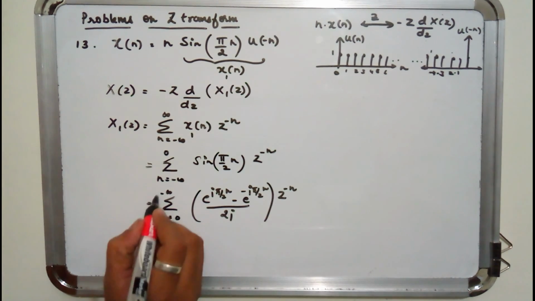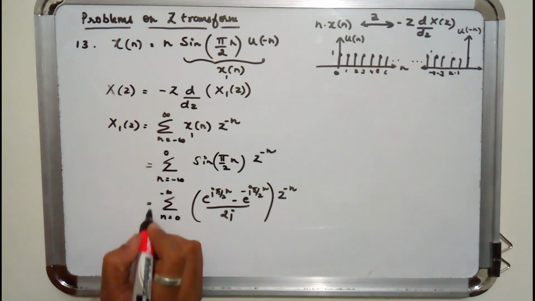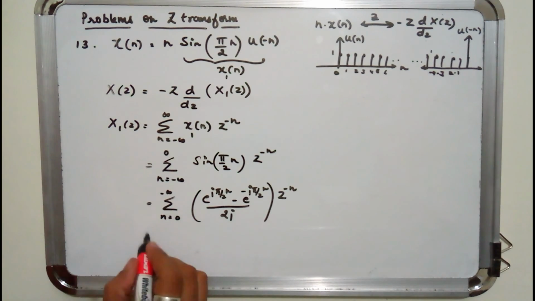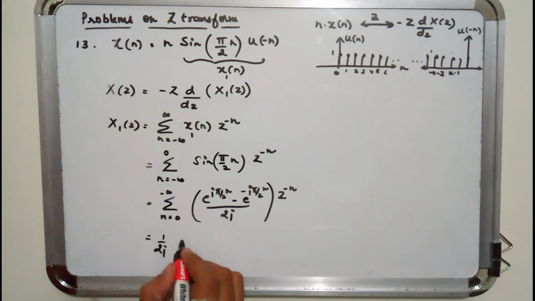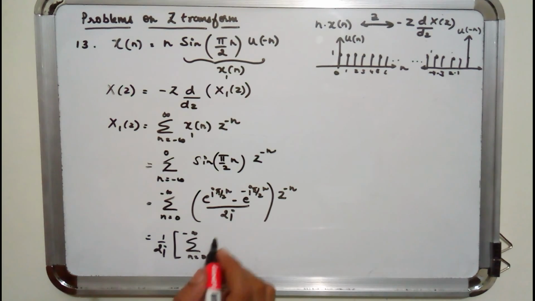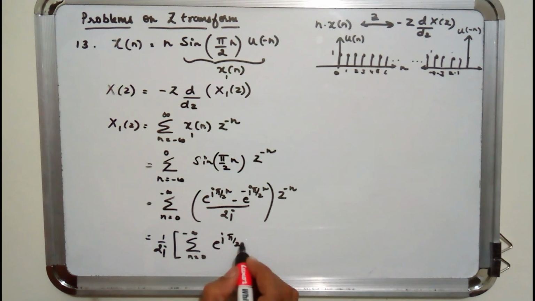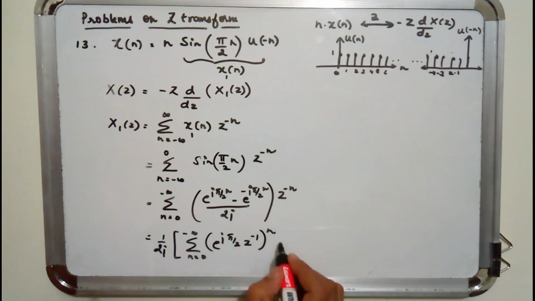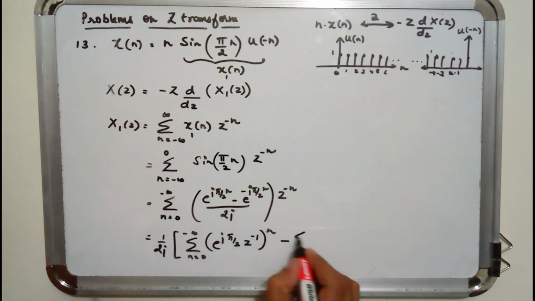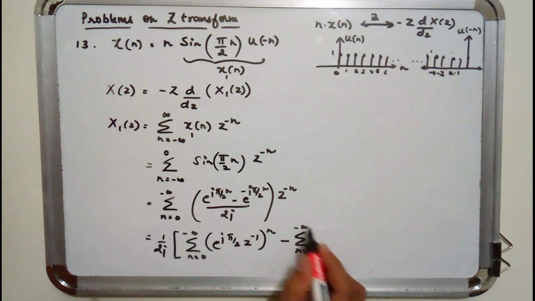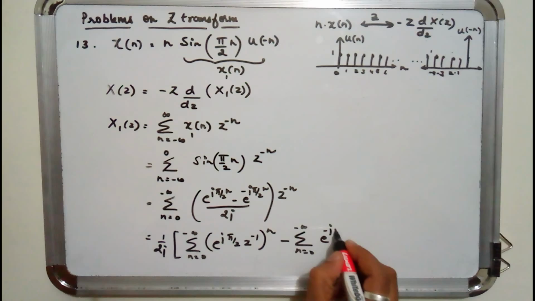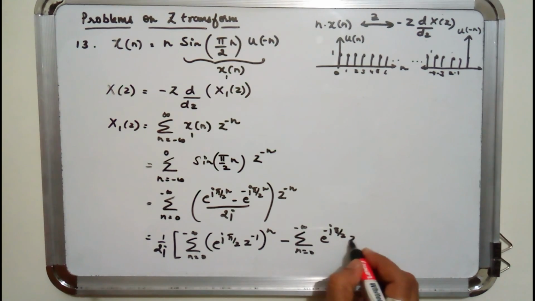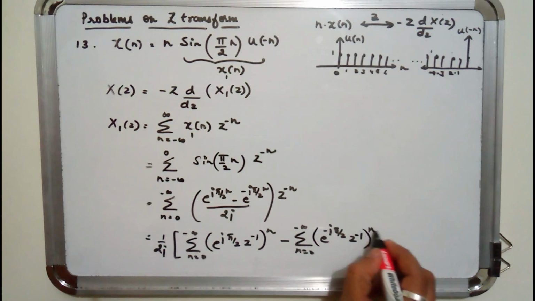Right. So I'll take 1 by 2j out, and what I will be getting is summation n is equal to 0 to minus infinity e power j pi by 2 z inverse power n, this term taken together, minus summation n is equal to 0 to minus infinity e power minus j pi by 2 z power minus 1 power n.